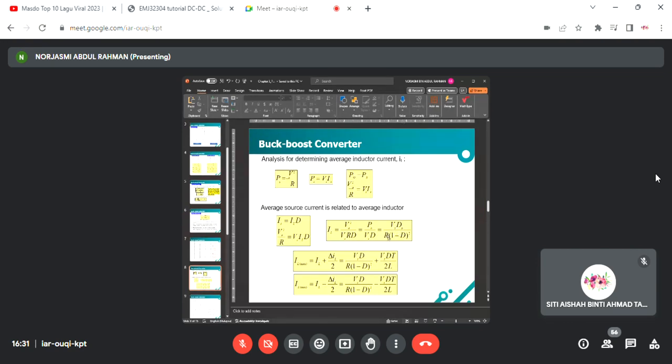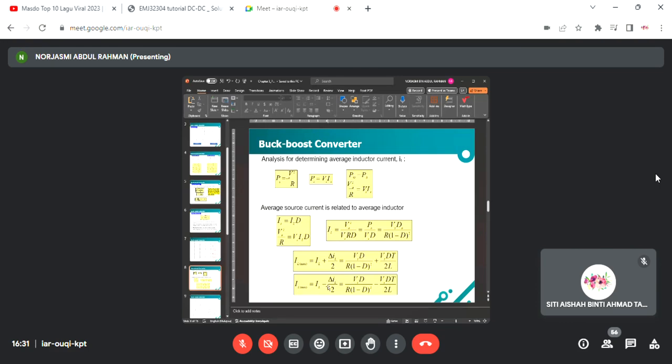So R times 1 minus D squared. So this is the average inductor current for the buck boost converter. And to find the ripple, or the IL max and IL min, again we use the same formula. IL plus delta IL divided by 2 is the IL max. IL minus delta IL divided by 2 is the IL min.